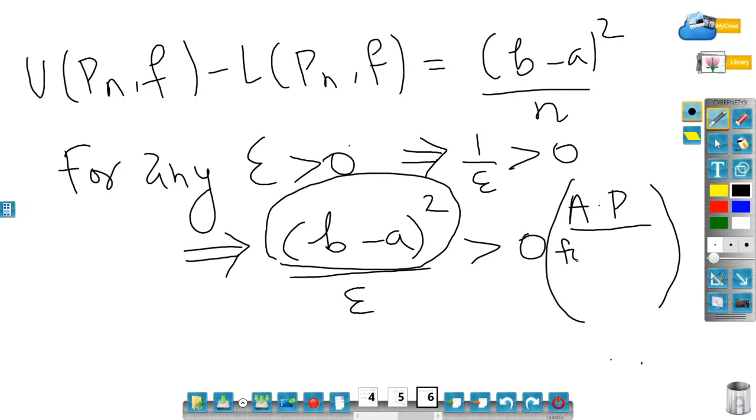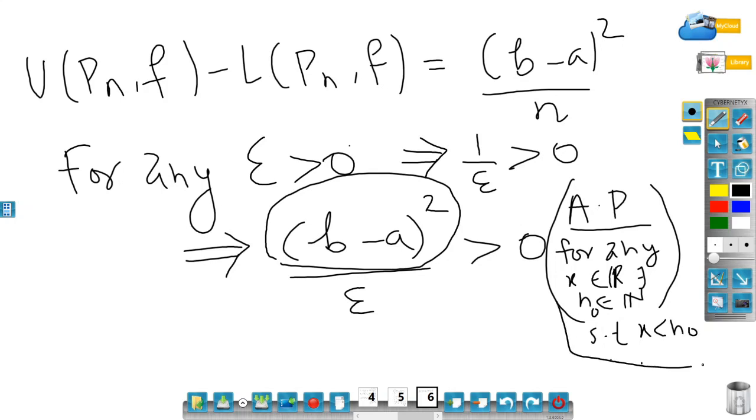For any x belongs to R, real number, there exists n belongs to natural number, so let me say n naught, such that x is always less than n naught. So this says that for any real number, you can always find a natural number next to it.